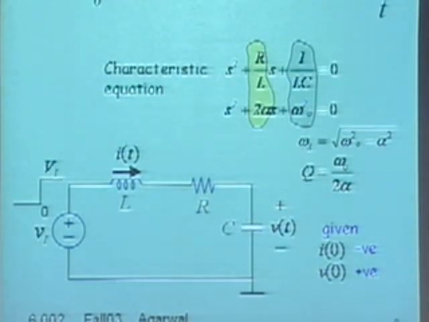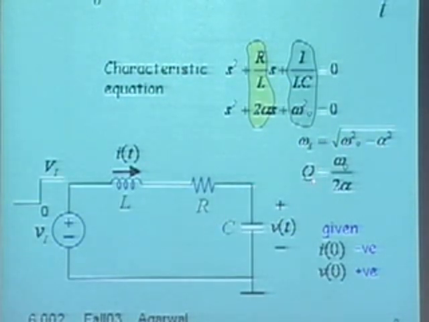And Q is called the quality factor. We'll learn about Q in a lot more detail a couple of lectures from today. That is given by omega naught divided by 2 alpha. These parameters, alpha, omega naught, Q, and omega d, pretty much characterize everything else that I need to know about the circuit.